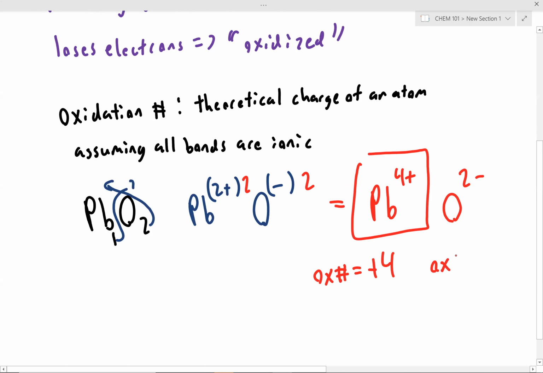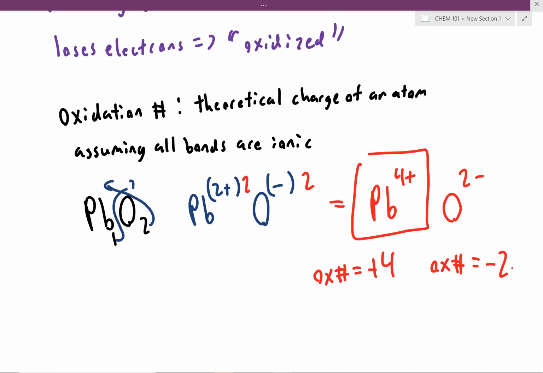What is the oxidation number for oxygen, assuming all bonds were ionic, which they are in this case? Yep, -2. So we know how to calculate charge, and it's the exact same process to calculate oxidation number. Exactly the same, no modifications whatsoever.